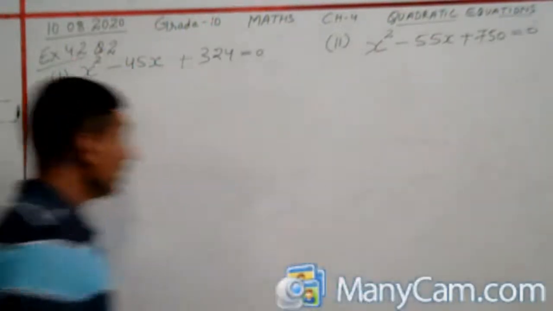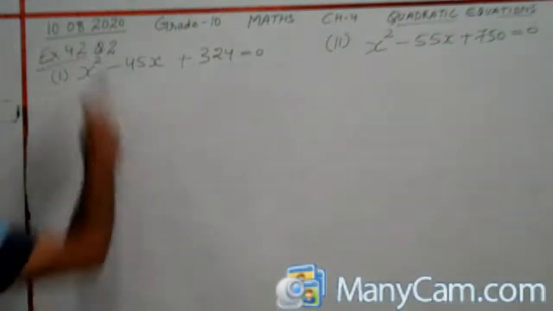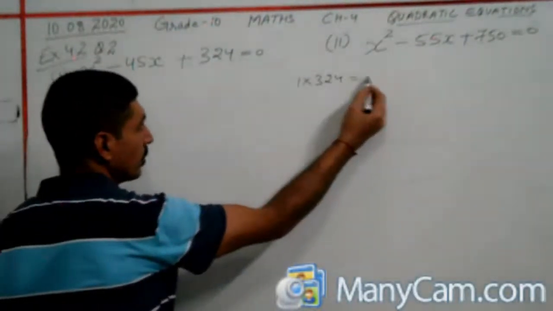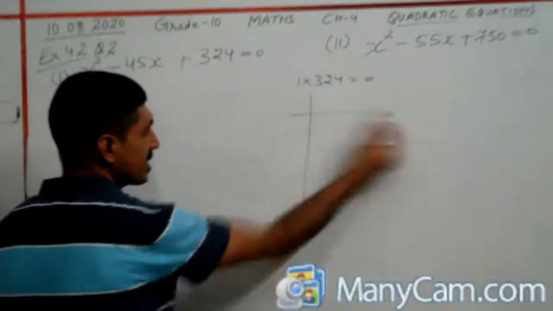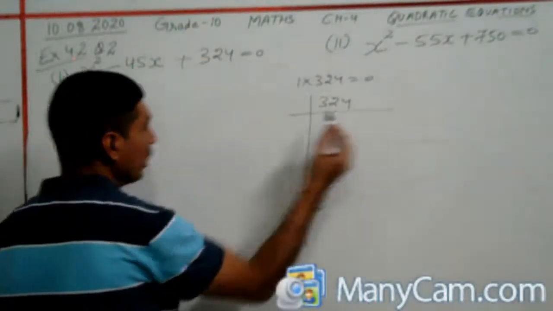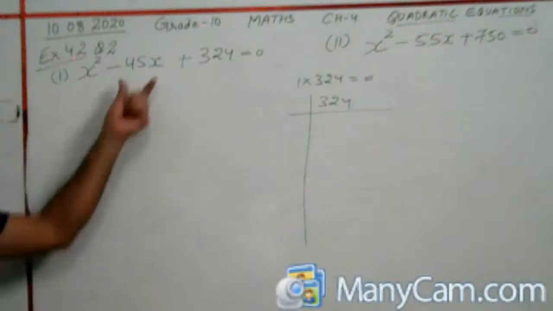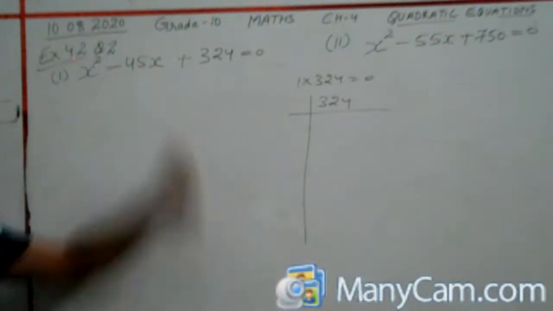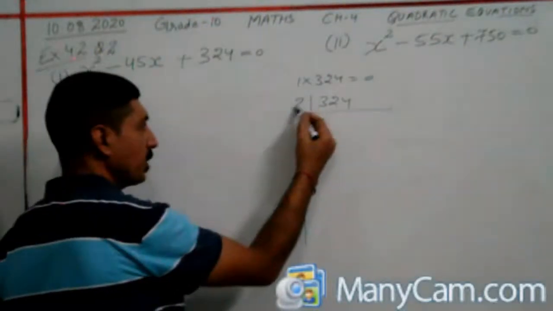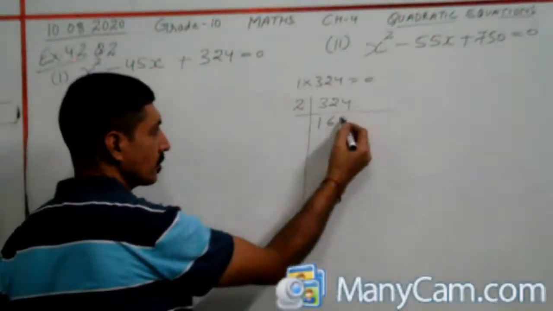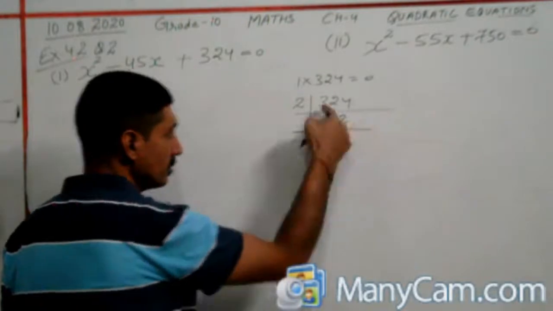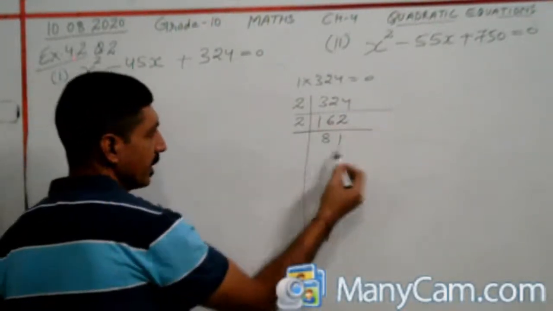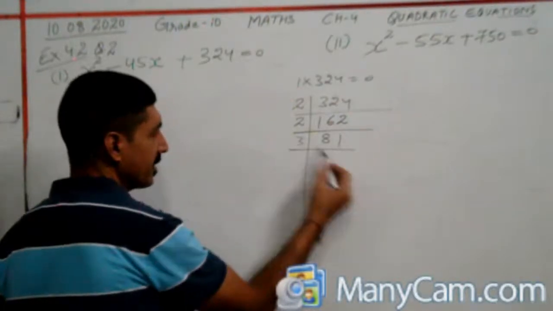So here what is a into c? a into c is 1 into 324. So how to factorize 324? Prime factorization, and we will make 45 by two parts. So here let's start: 324 is 2 into 162, again 2 into 81, then 3.